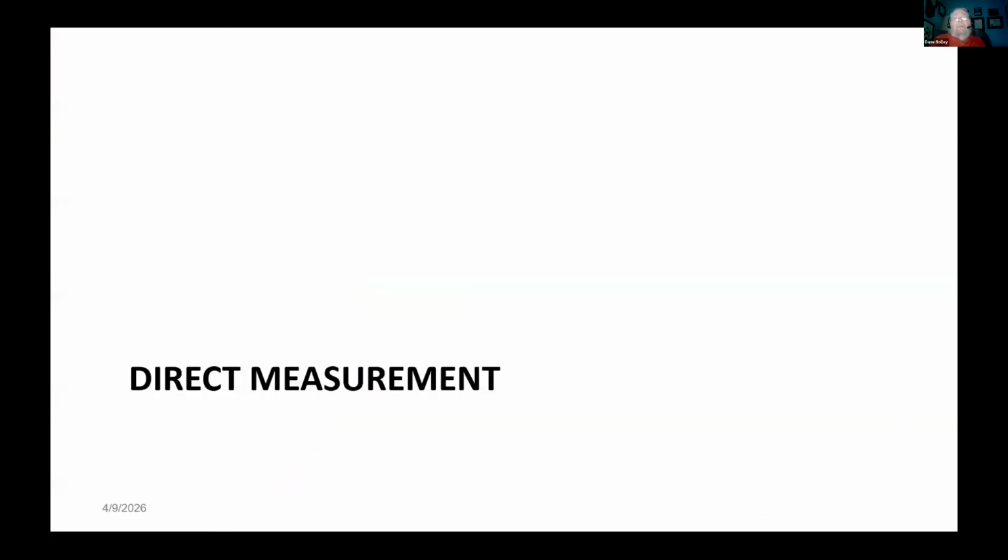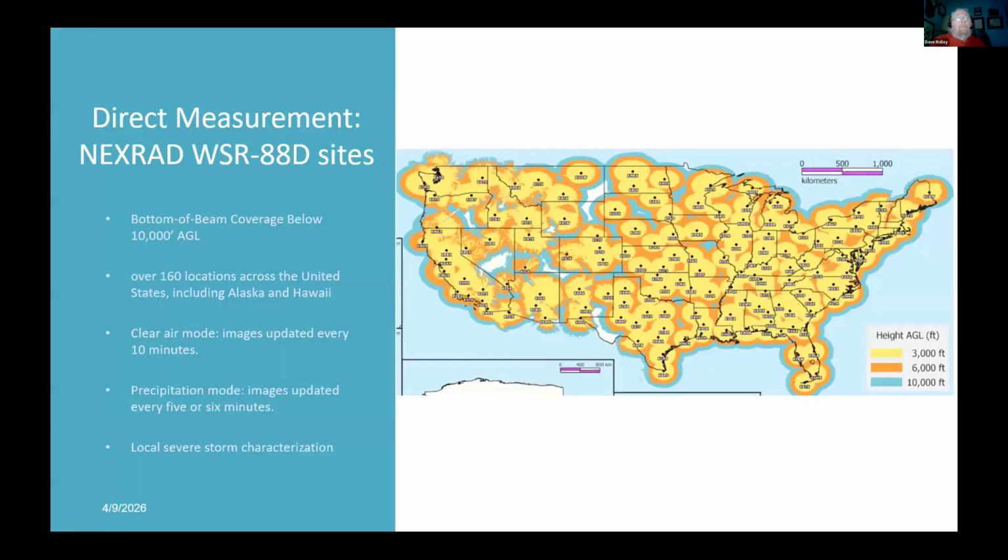When we're looking at direct measurement, this is where the phenomenon can be actively and directly measured. We can start measuring with the NEXRAD radar sites. Generally we can get down to 10,000 feet AGL. There's 160 locations across the country.